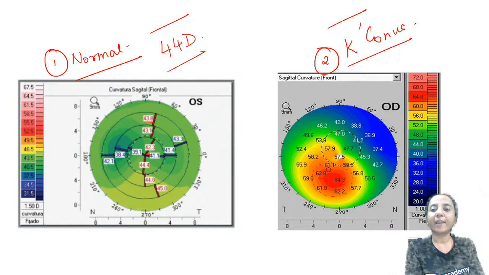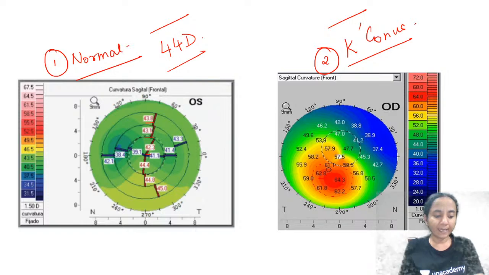But ideally, along with this curvature, we should also be able to establish that the thickness at that particular point is decreased. Because keratoconus by definition means increased curvature along with decreased thickness.